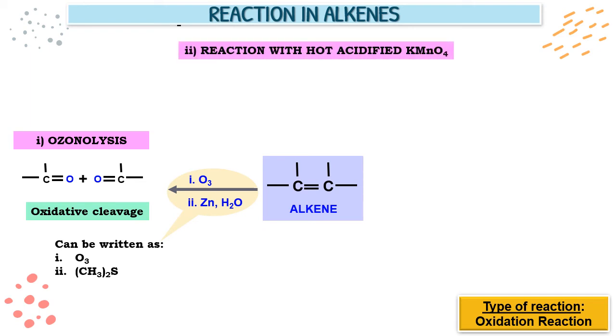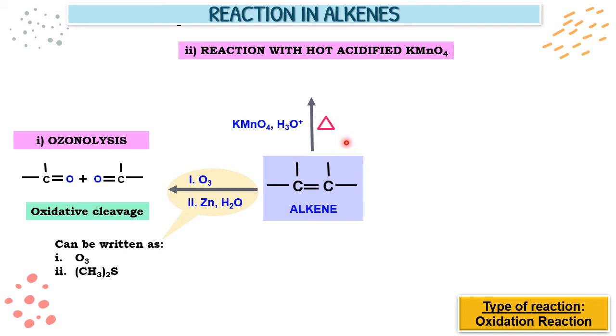Next is the reaction of alkene with hot acidified KMnO4. For hot acidified KMnO4, it will be written like this: KMnO4, acidified, you must put down H3O+, and then to show that it is hot, put the heat symbol, the triangle, to show that it is heated.